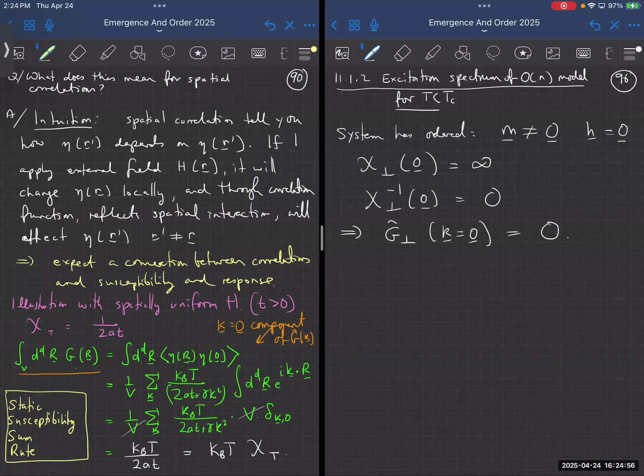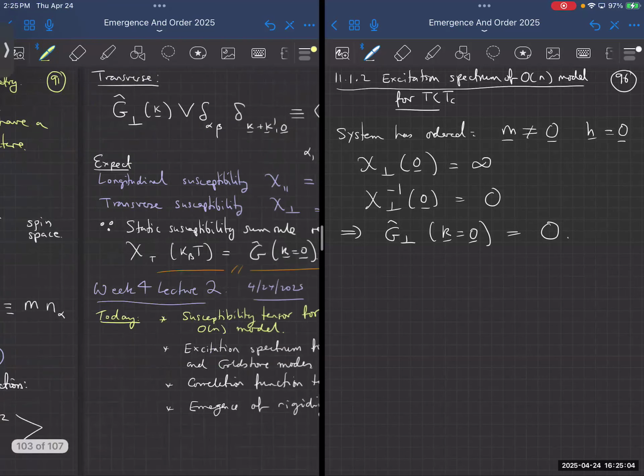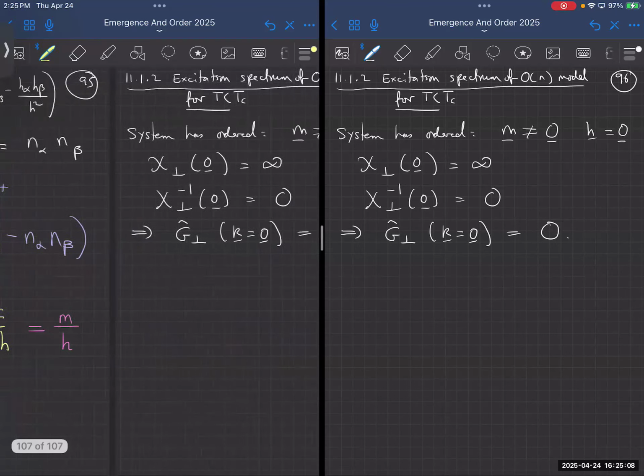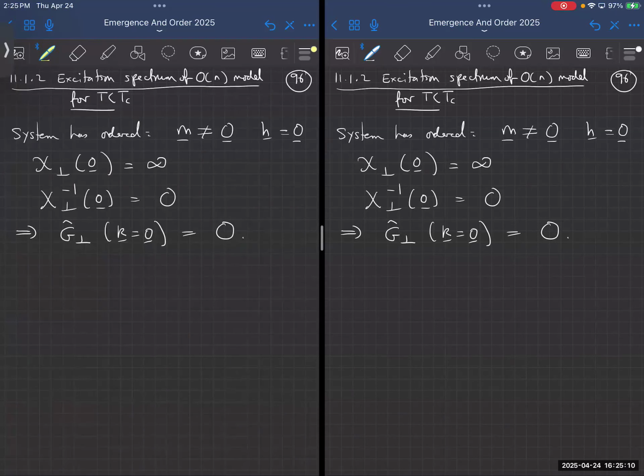And the integral of the correlation function in real space is just the k equals 0 component of the Fourier transform of it in k space. So what I've just deduced is that the inverse of the 2-point correlation function at k equals 0 is equal to 0, and we're going to have to figure out what that means. Now, let's have a look at the physical interpretation.